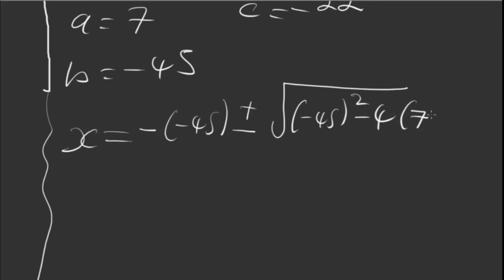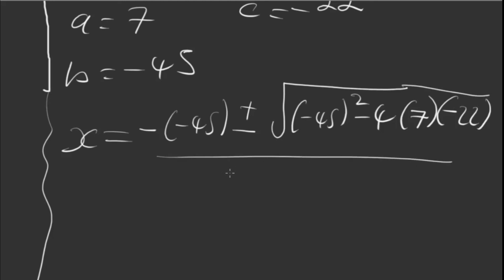Our a is 7, the c is minus 22, and all of that divided by 2a, which is 2 times 7.